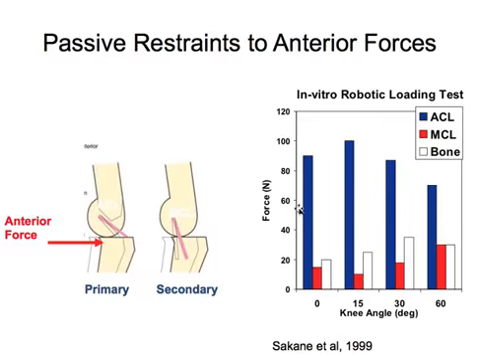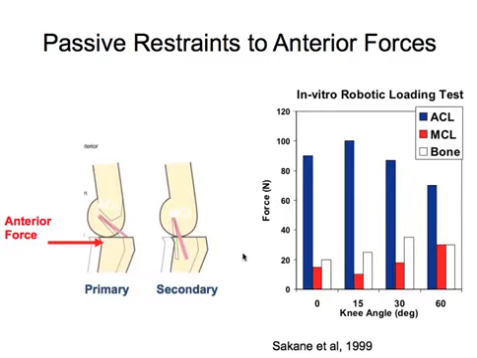What you can see is that the force in the ACL to restrain an anterior drawer goes up around 15 degrees and then declines as you move toward 60 degrees. The role of the MCL and bone is fairly low at 0 degrees, but then increases a little bit to 30 and then plateaus out at 60.